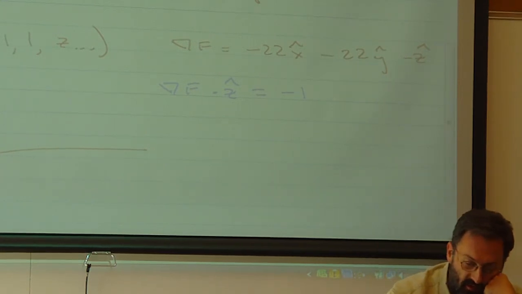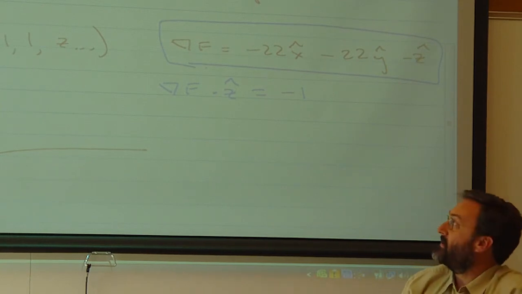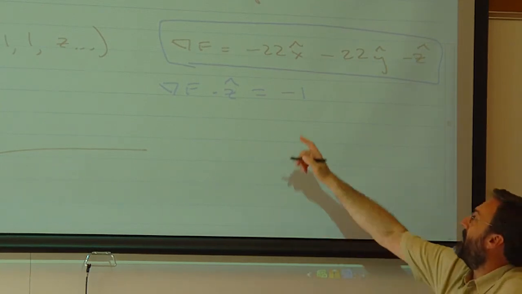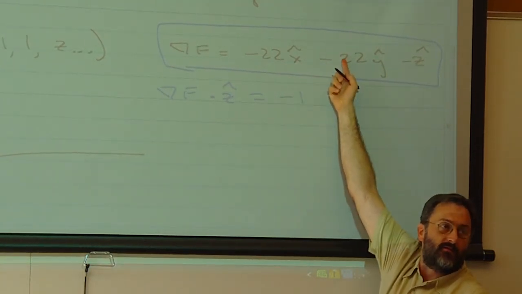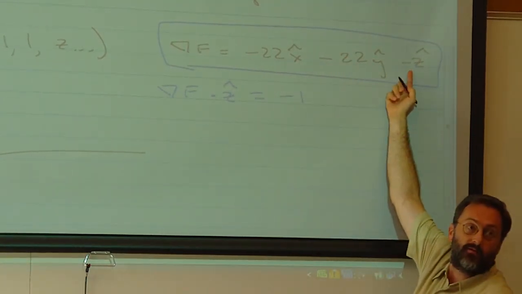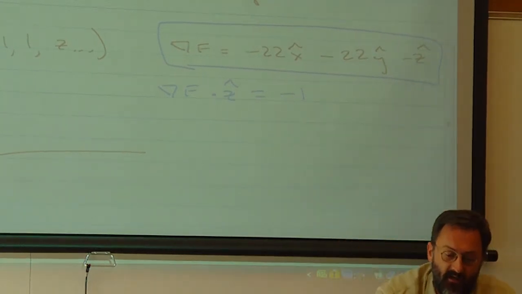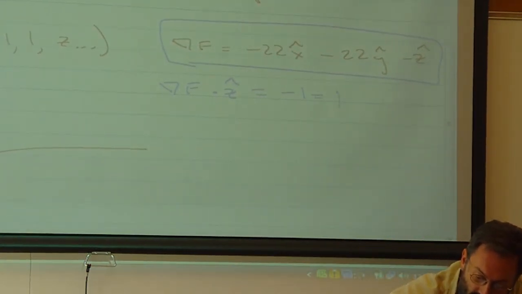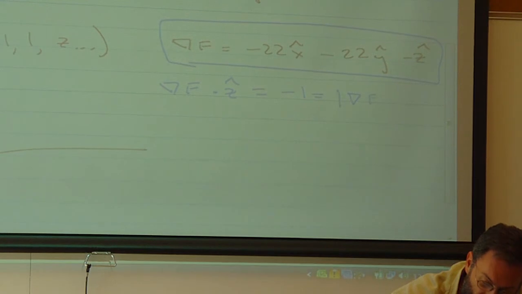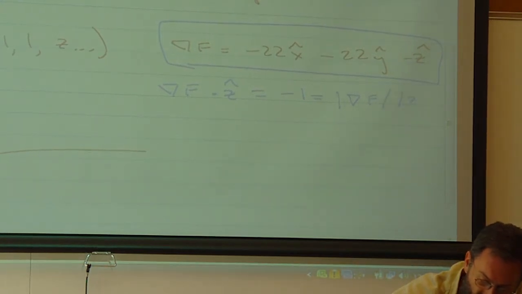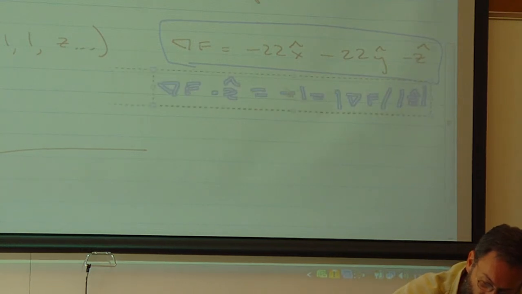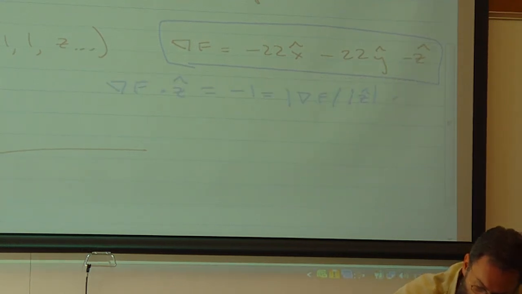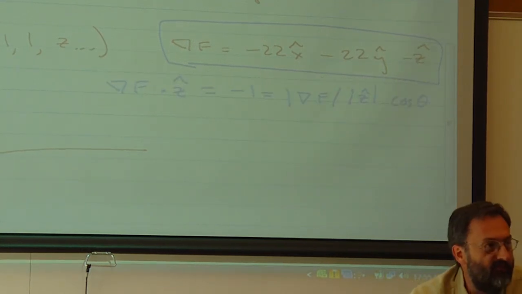Okay, so here's the gradient of f. I'm going to take that dot z hat. Well, z hat dot this is what? 0. z hat dot that is what? 0. z hat dot that is -1. And that has to be equal to the magnitude of the gradient of f, times the magnitude of z hat, times the cosine of the angle, which is what I'm trying to find.